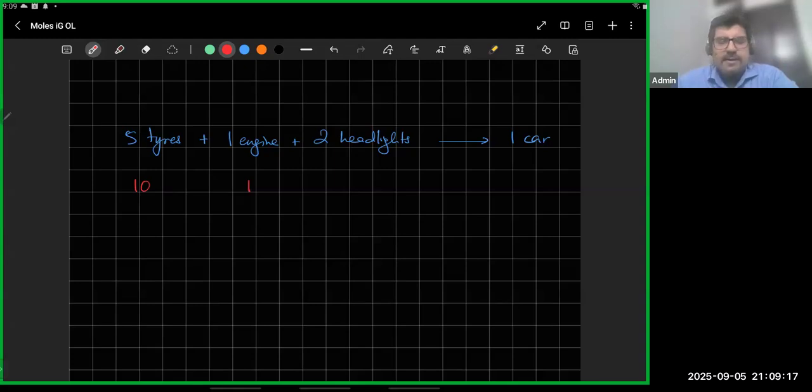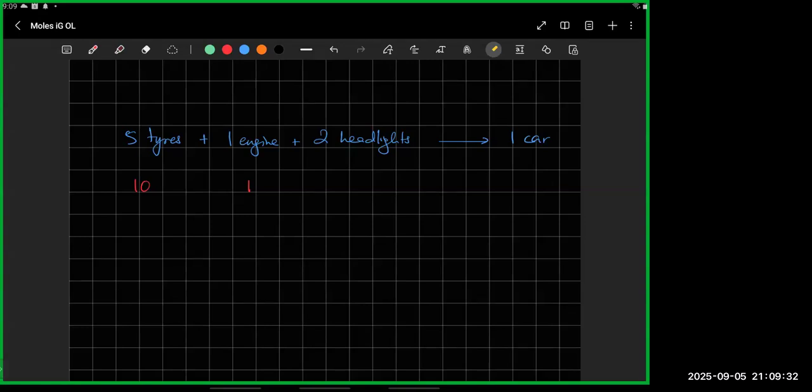How many complete cars can I make? I doubled the tires, so tell me, how many cars can I make if there's only 1 engine? One, because you just have 1 engine, right?